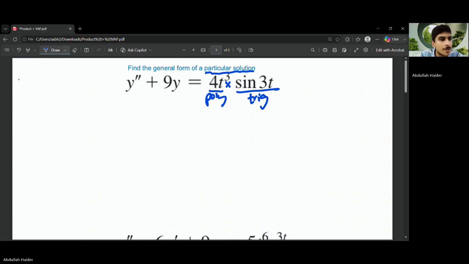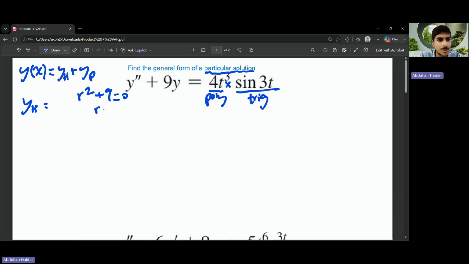So as I said before, you start off by finding the homogeneous solution and then the particular solution. So our homogeneous solution in this case is r squared plus 9 is equal to 0. R1 is equal to 3i, and R2 is equal to negative 3i.